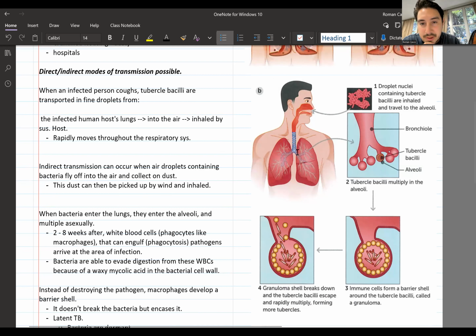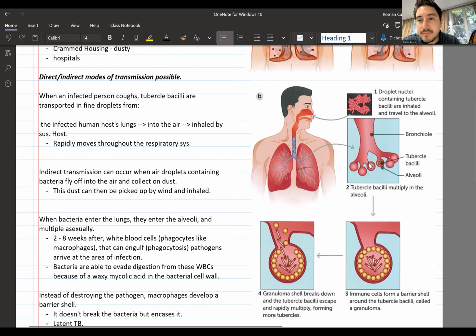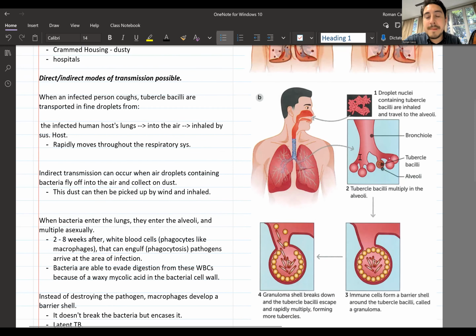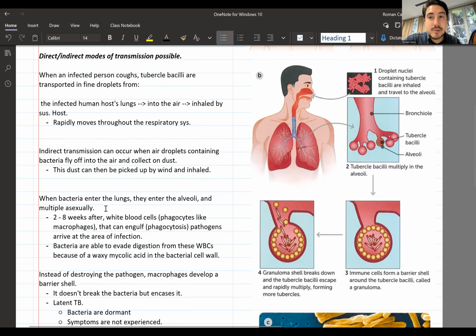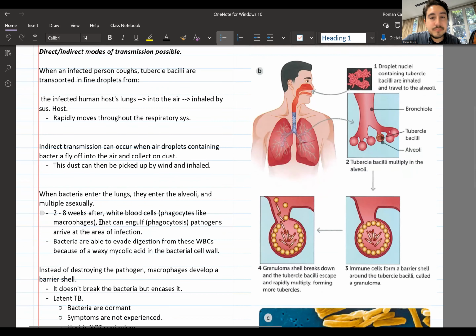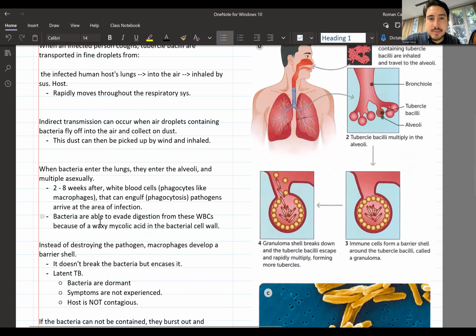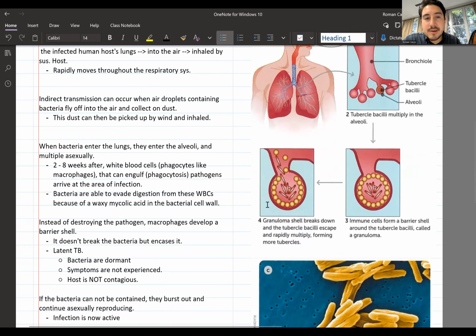You guys remember going in here, ultimately going to these little sacs. Once they lodge into that alveoli, you have the bacteria itself, which is the bacilli. In that bacilli, what's happening is that they'll start to reproduce in there. I'm going to go a little bit higher so you can see more in detail with these following figures here.